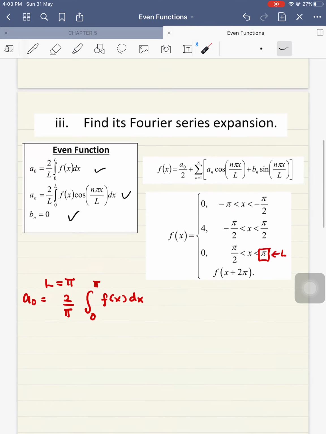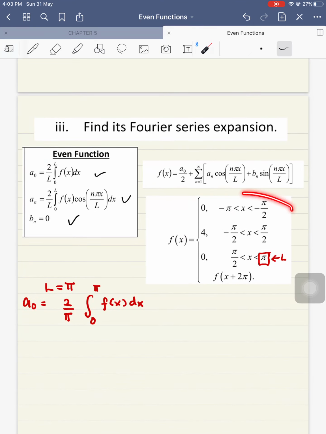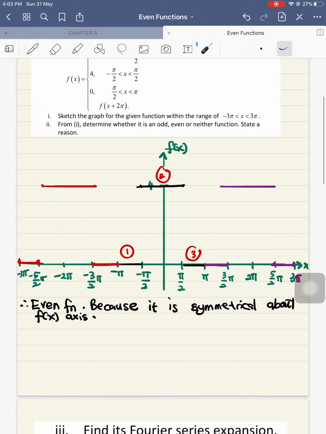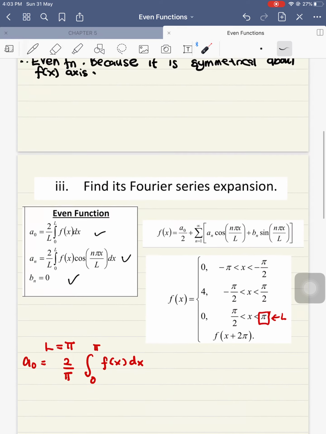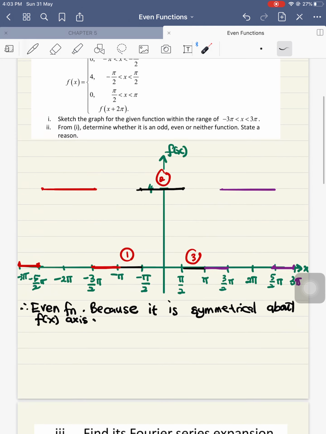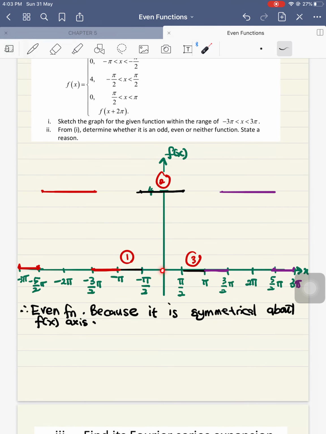If you cannot get through this from the function here, take a look at your graph here, the original graph. Where is the graph such that your x is equal to 0? So this is x equals 0, right? Which means that it refers to the second function.